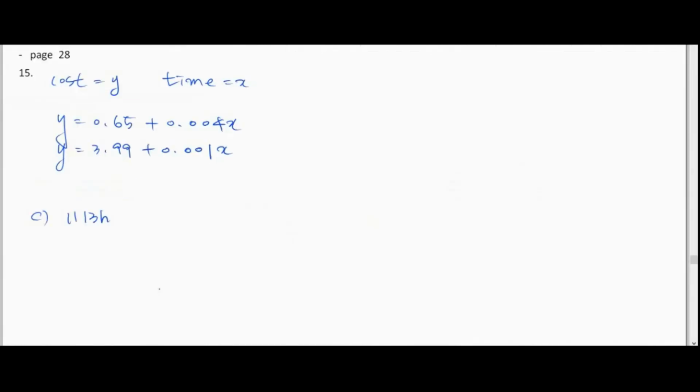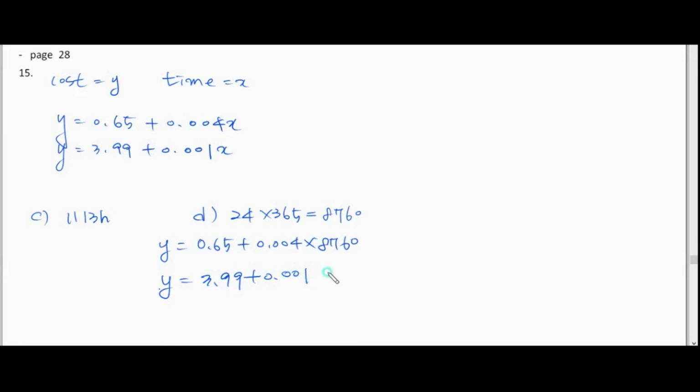So let's solve question D right here. 1 year equals 24 multiplied by 365 hours, so the time for 1 year equals 8,760 hours. Let's start with the regular bulb: 0.65 plus 0.004 multiplied by 8760, and fluorescent, y equals 3.99 plus 0.001 multiplied by 8760.